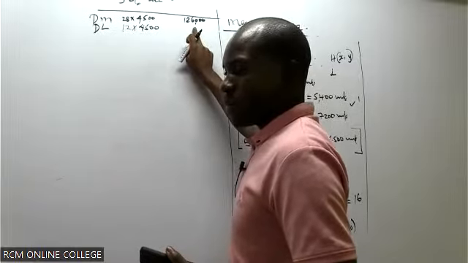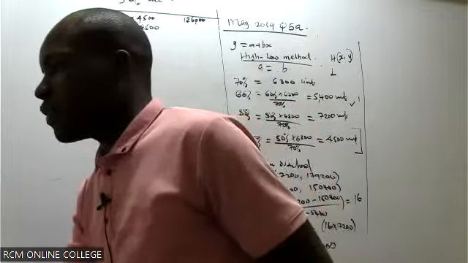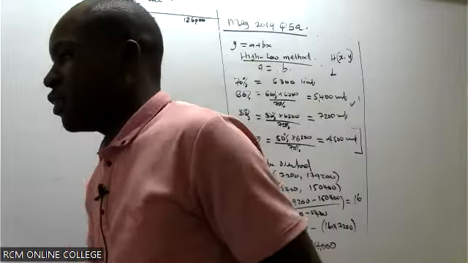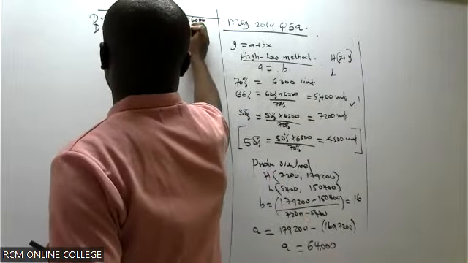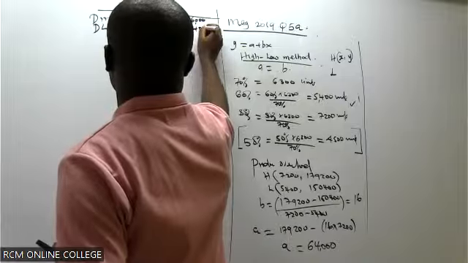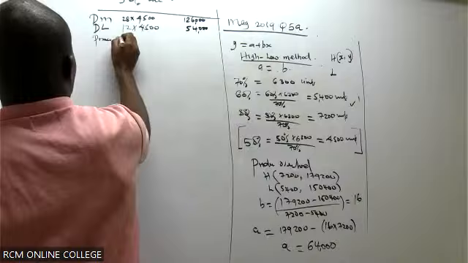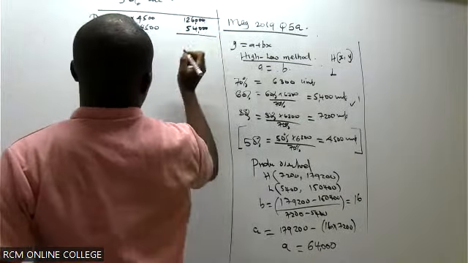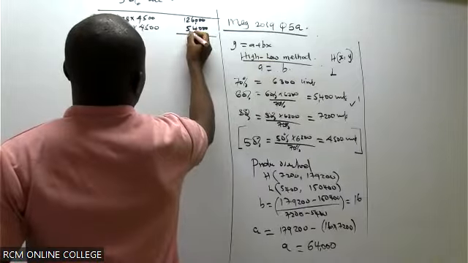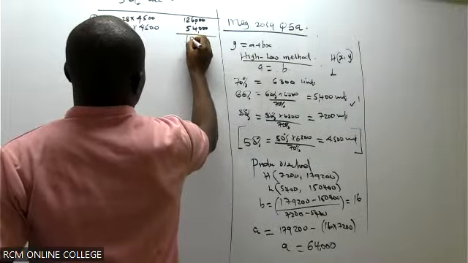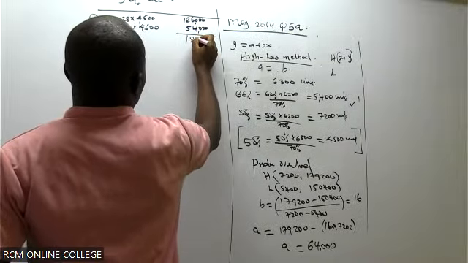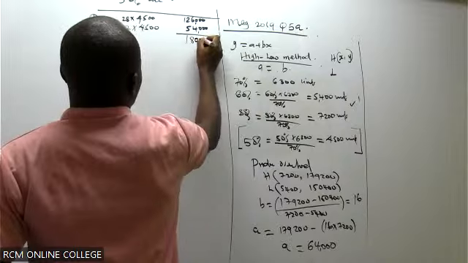You were getting 54,000. Then this one will give us what we call prime cost. So you put prime cost there: 126 plus 54, is it 180,000?